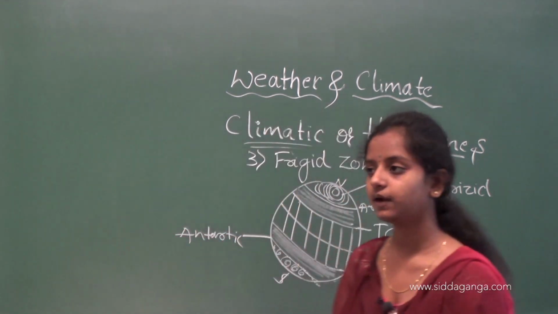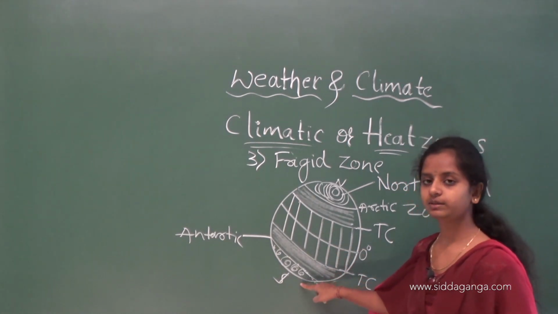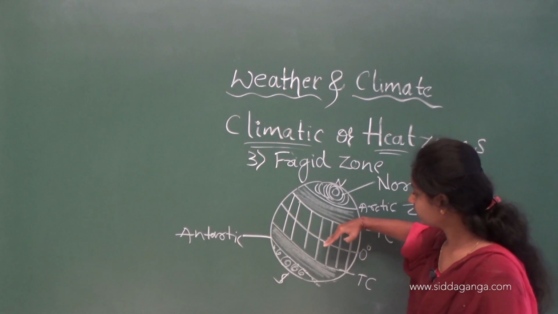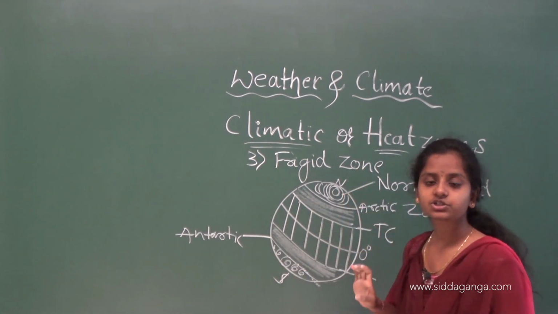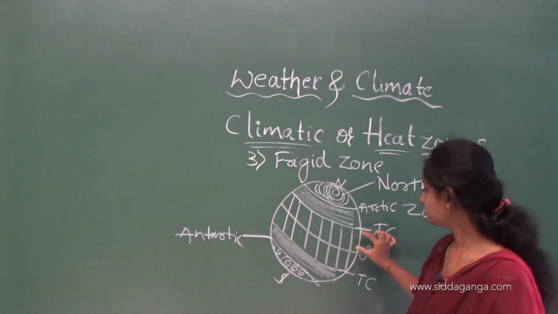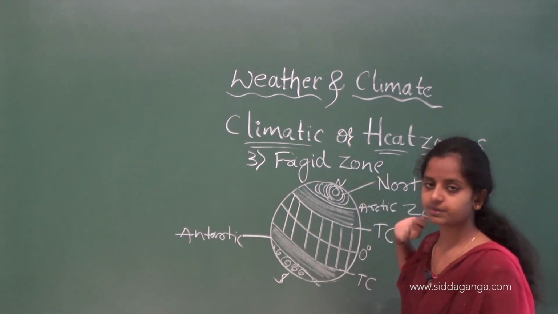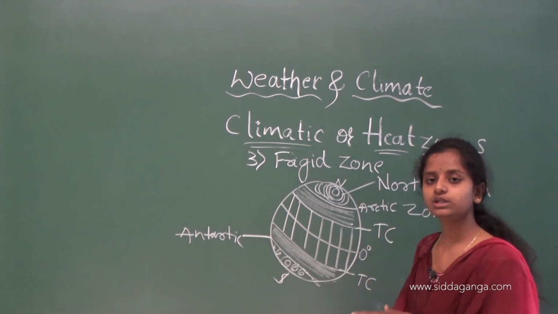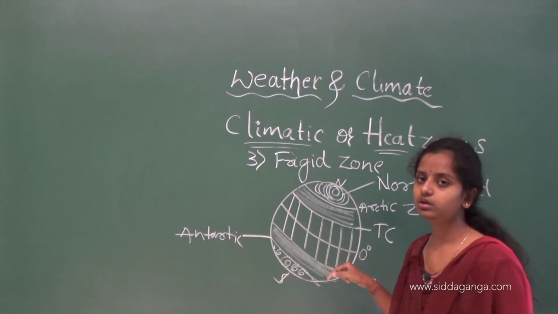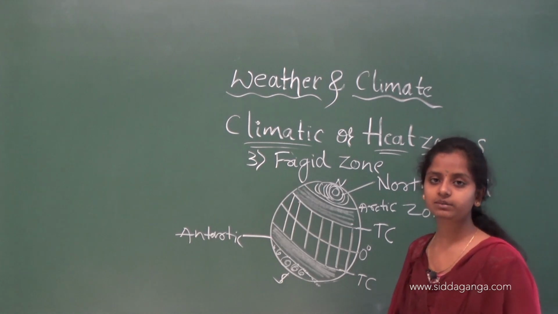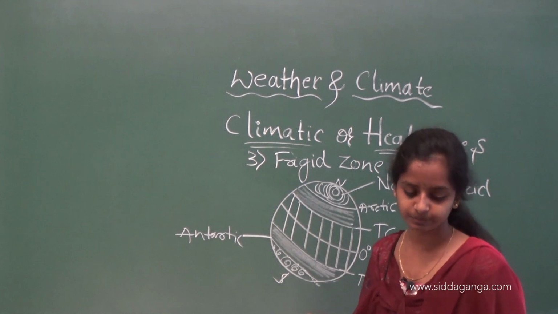So, now we know that if we travel from the equator to the pole, temperature decreases. Near the equator temperature will be very high, and coming to the poles temperature will be very low. And in the coming chapters, we will study each zone in detail.